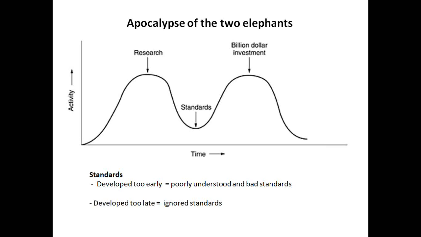In this way, the standards will be fully ignored. On the other hand, if the interval between research and investment is too short, the people developing the standards might get crushed. So it is essential that standards be developed ASAP. This is the right time to develop the standards and get on with implementing them.